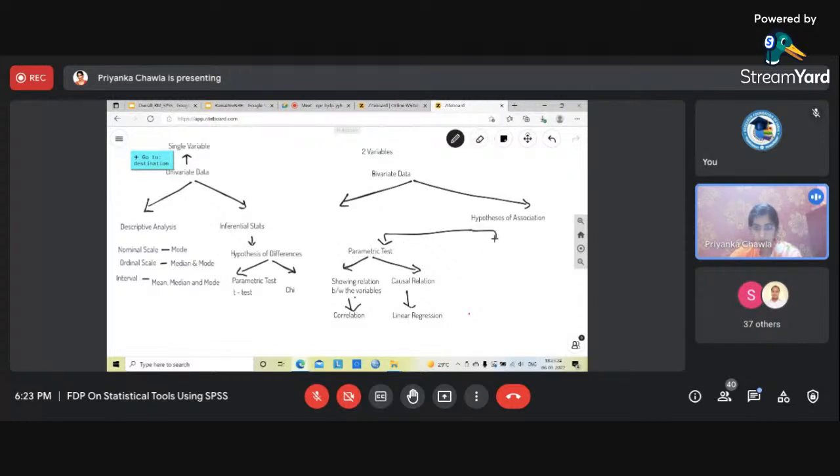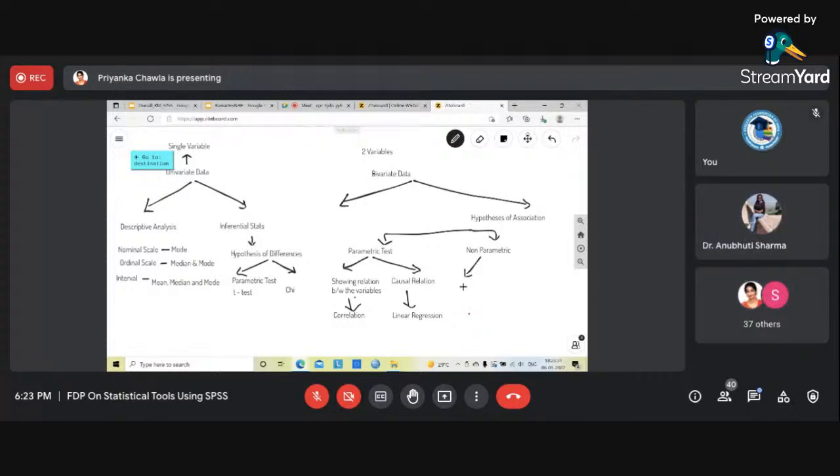If we want to apply non-parametric, and it is showing the relationship between the variables, that means it is not under interval scale. Ordinal scale is given. Then which is the best tool to apply? Here we are talking about association or relationship, non-parametric: chi-square association is best.